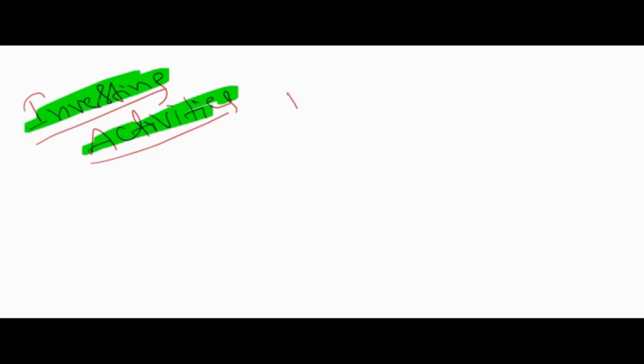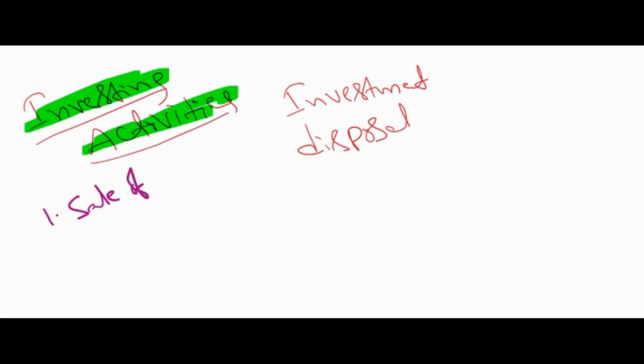So either investment or disposal. What are the things covered under these two parameters? Let's say one, sale of fixed assets.